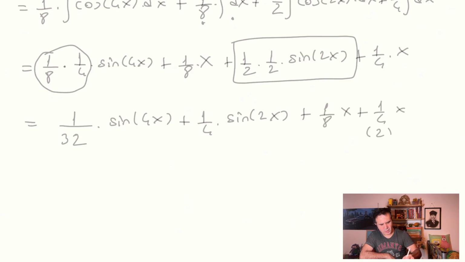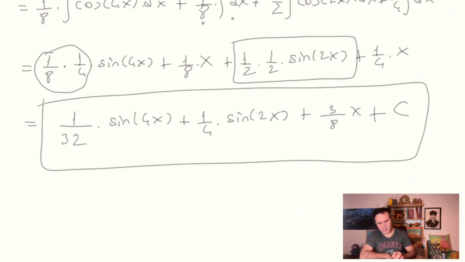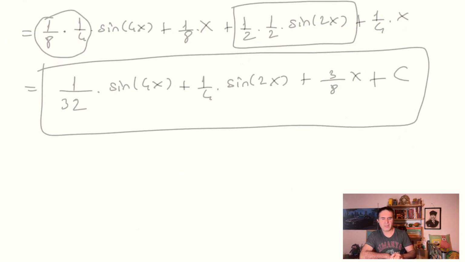If we add them, 3 over 8 x, and since this is an indefinite integral, we add a constant c. The answer will be that. See you in the next video.